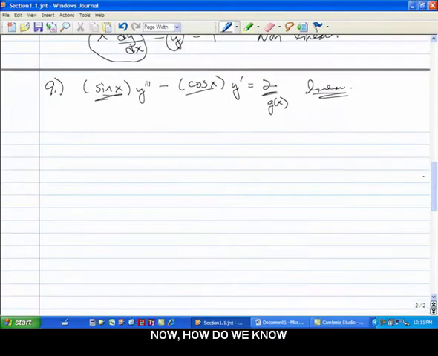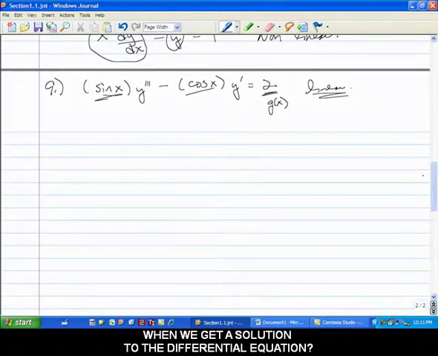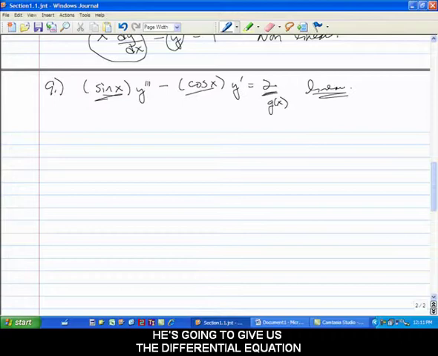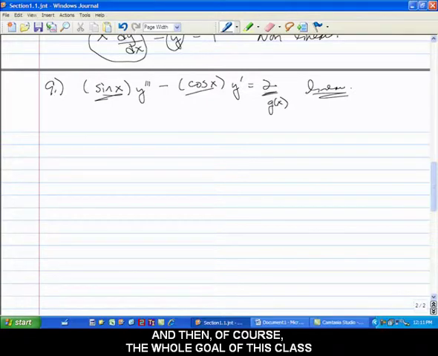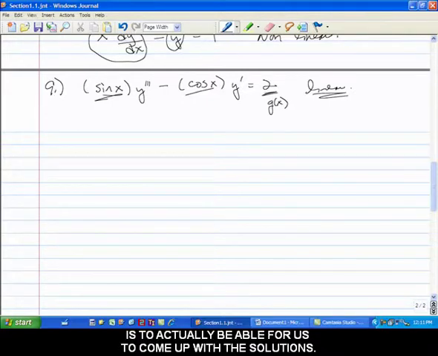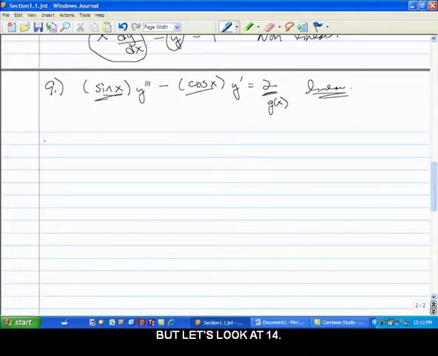Now, how do we know when we get a solution to the differential equation? In the beginning, he's going to give us the differential equation and then ask us to just verify that it's a solution. And then, of course, the whole goal of this class is to actually be able for us to come up with the solutions. But let's look at 14.